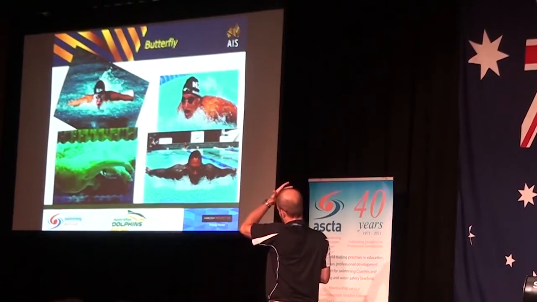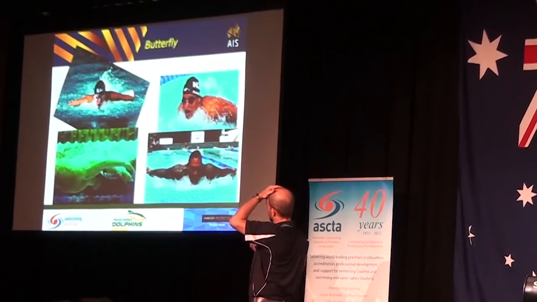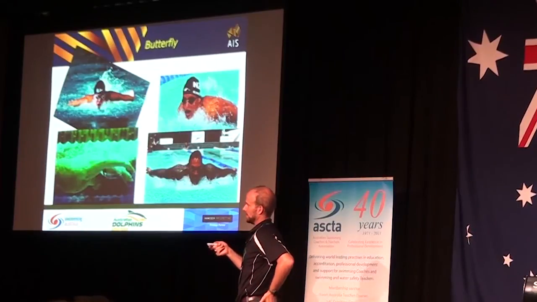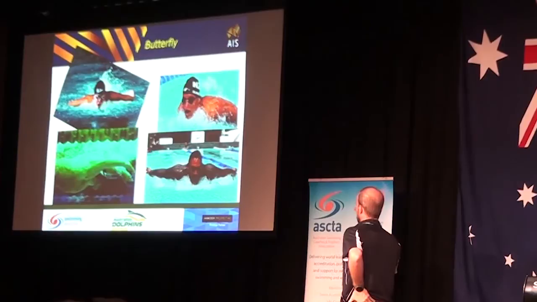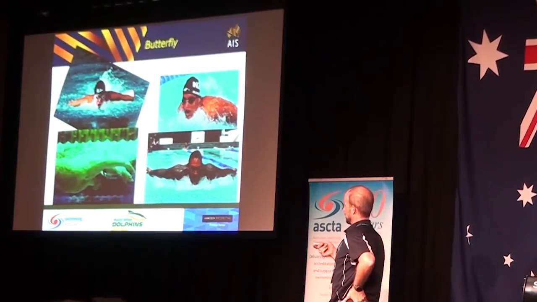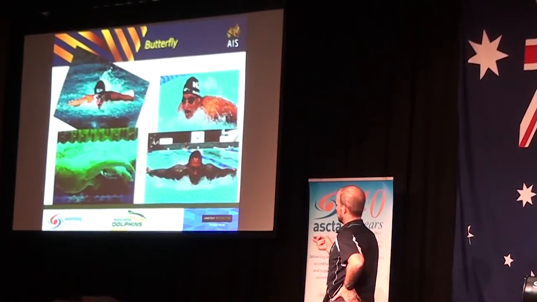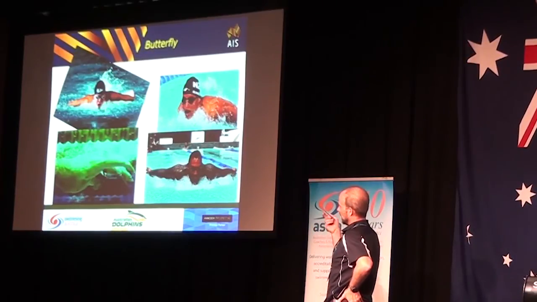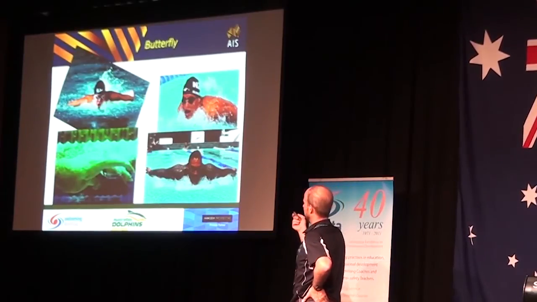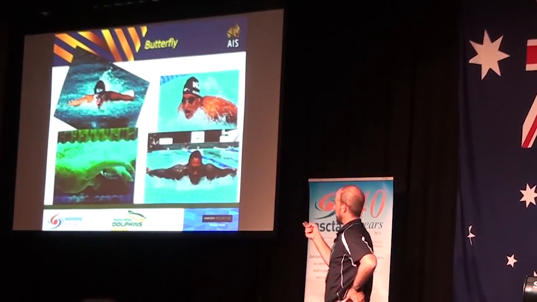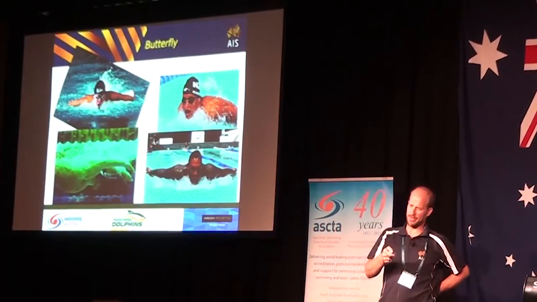Butterfly as well is another one. And again, butterfly and breaststroke for me is about maintaining that body position and trying to minimize the amount of drag. Those short axis strokes tend to have a bit more drag, just due to the nature of how they are. So again, try to keep that velocity as consistent as possible. One of the big things with that is how high you come up on the breath versus when you're not breathing, okay?